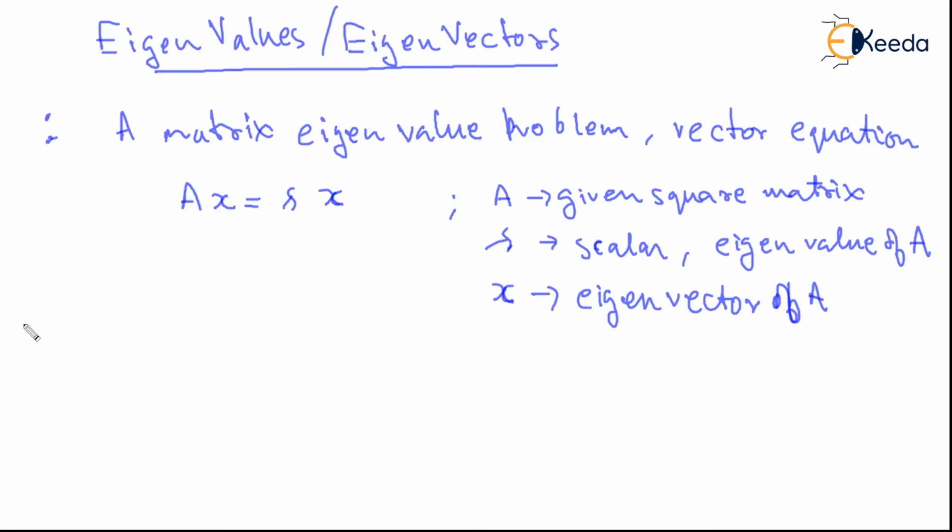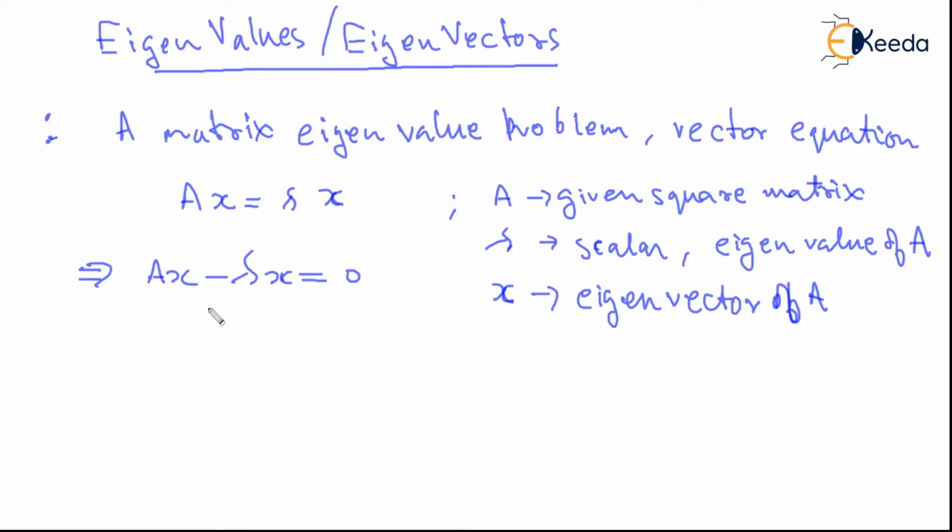So from this equation Ax equal to lambda x, we can write Ax minus lambda x is equal to 0. Now you know this A is a matrix, and lambda is a scalar. So we cannot do this operation.